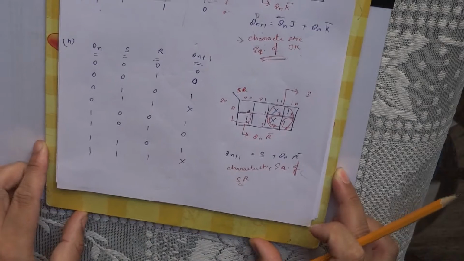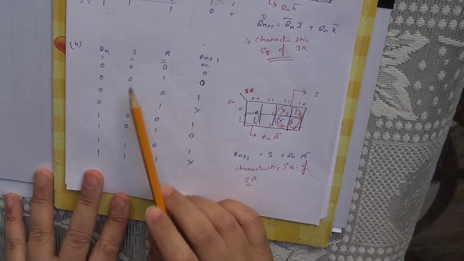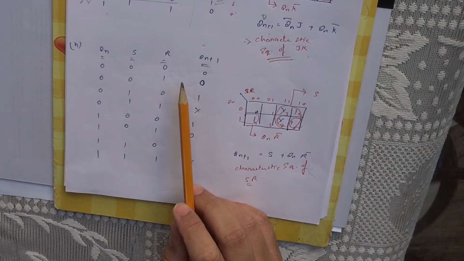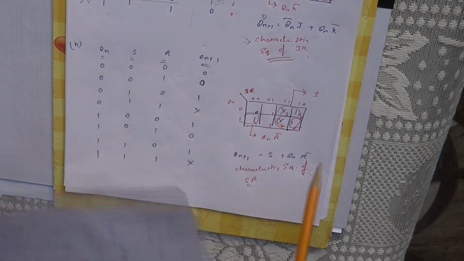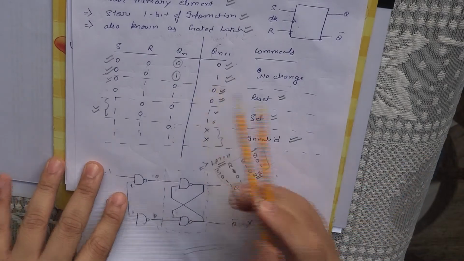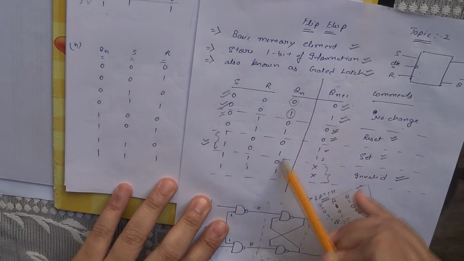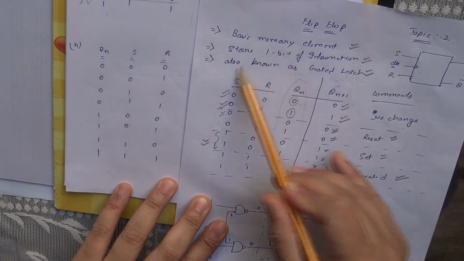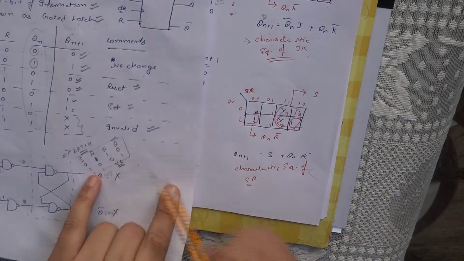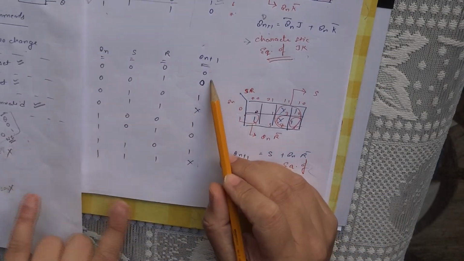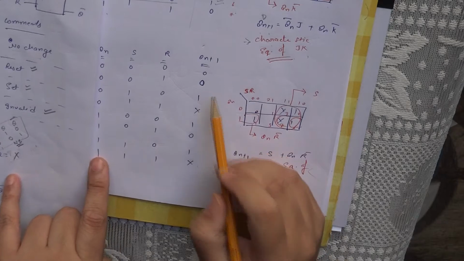And there is another characteristic equation for an SR flip-flop, which is derived with the help of the truth table of an SR flip-flop. Again we have just relocated this column into the front, and reshuffled the values.